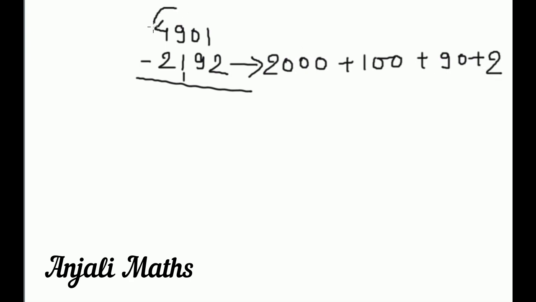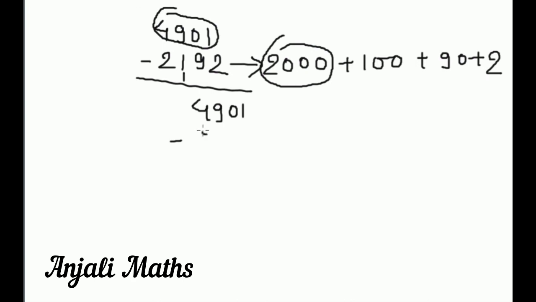Now come to the subtraction part. 4901. First we will subtract 2000. So 1 minus 0 is 1, 0 minus 0 is 0, 9 minus 0 is 9 and 4 minus 2 is 2.